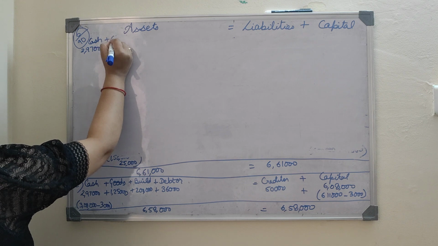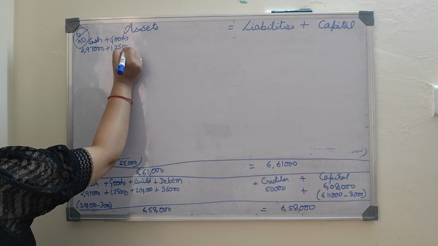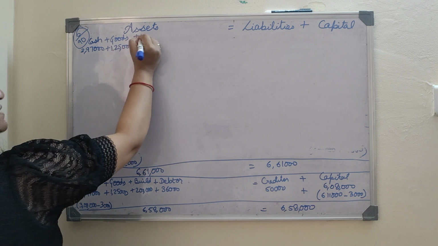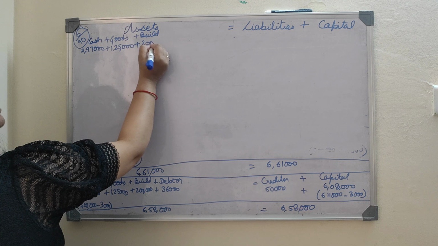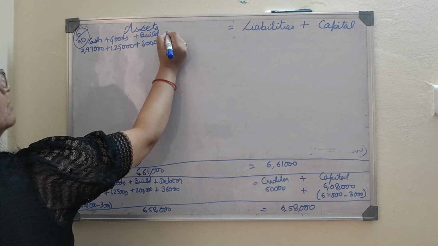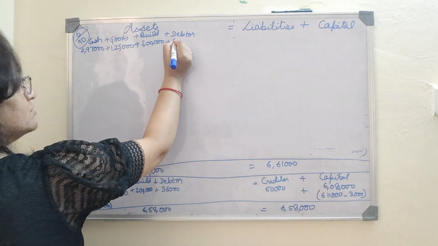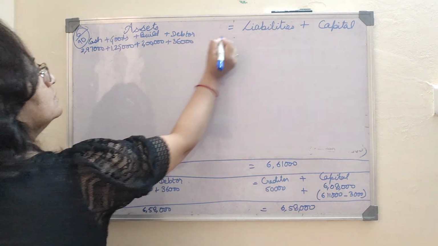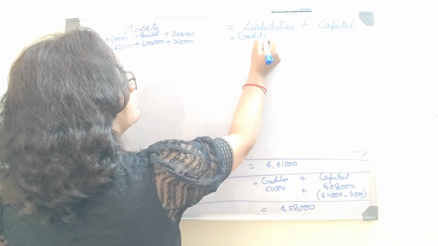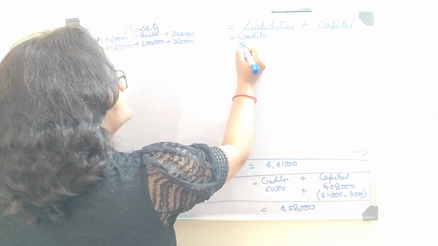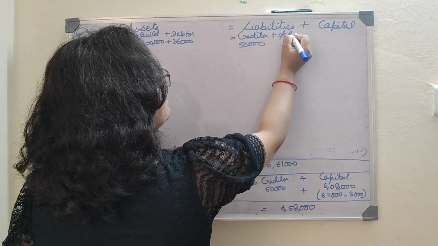2,97,000 plus goods 1,25,000 plus building is 2 lakh plus debtor is also 36,000 is equal to creditor we have 50,000 plus outstanding rent.